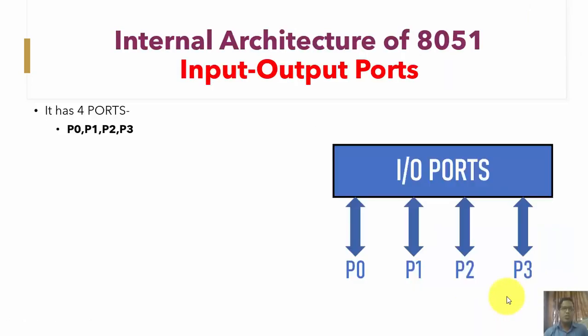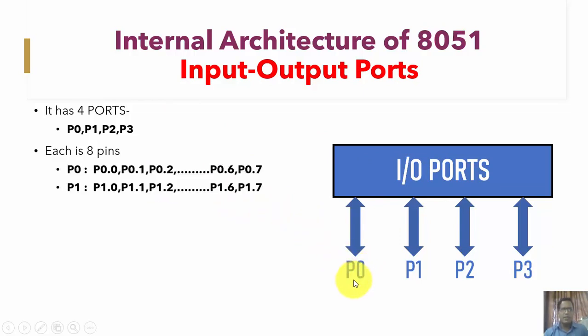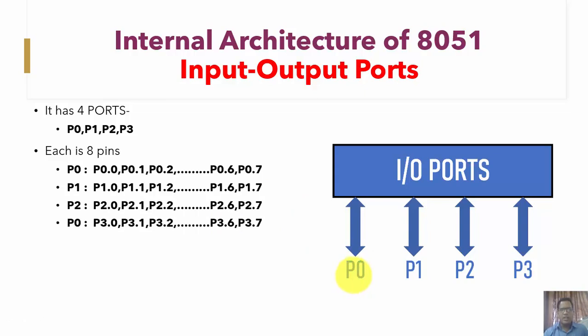The next one is the most striking feature, that is input-output ports. As discussed earlier, in case of the 8051 microcontroller, we have a total of 4 ports, namely port P0, P1, P2 and P3. All these ports are 8-bit wide. In the sense, the port P0 consists of port pins like P0.0, P0.1, P0.2 up to P0.7.